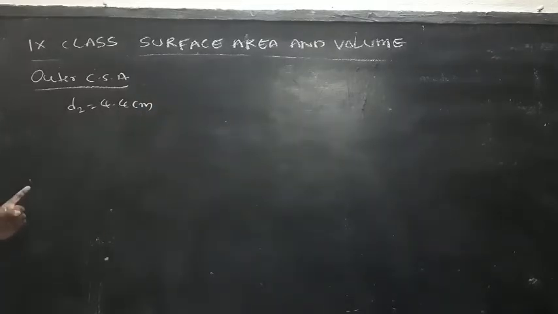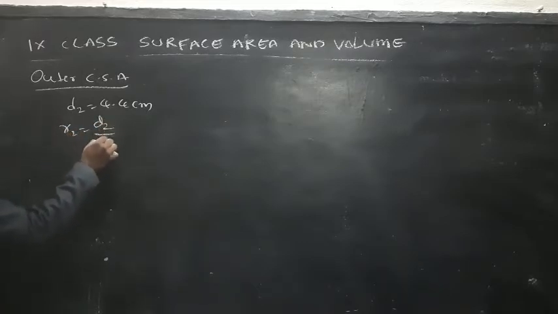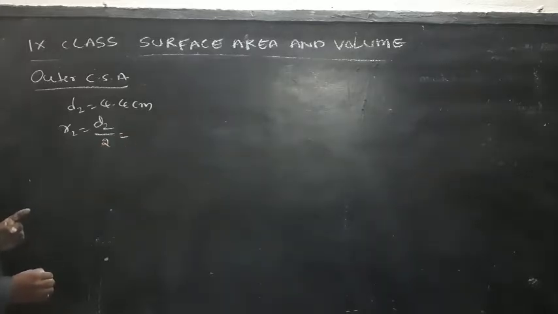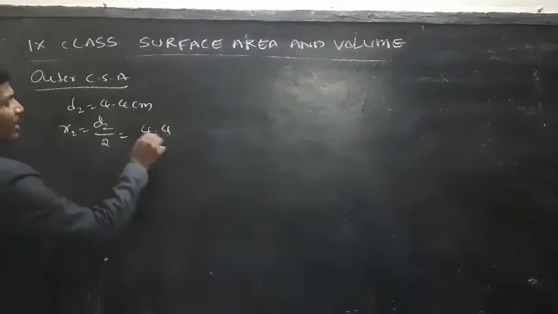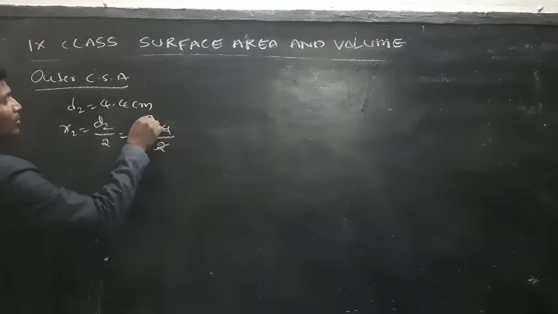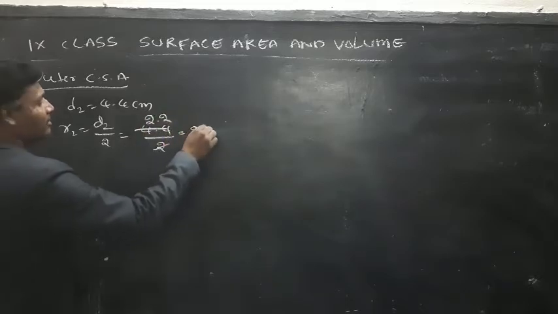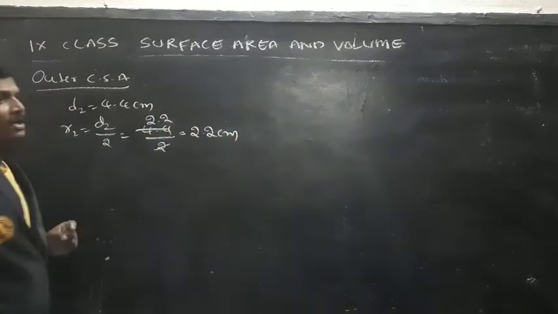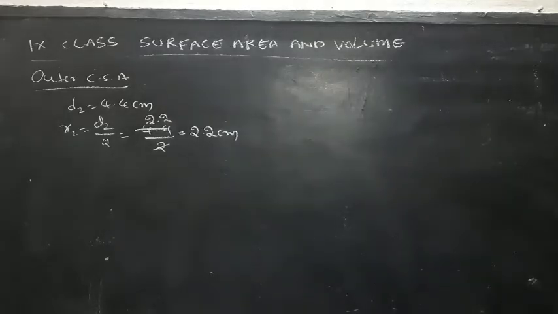I need radius. Radius is nothing but half of the diameter. So R2 is equal to D2 by 2. D2 is 4.4, so it is 4.4 by 2, which is 2.2 centimeters. Radius of the outer cylinder is nothing but 2.2 centimeters.